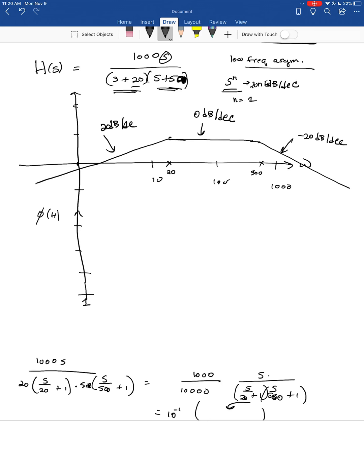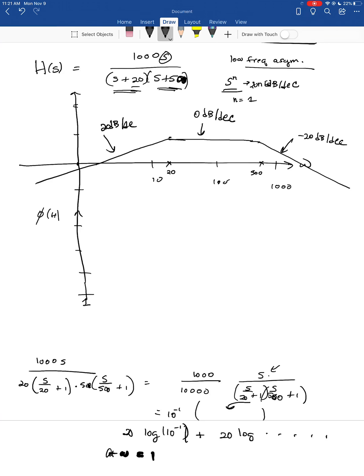If I were to substitute j omega and take the log of the absolute value, I'm going to get a sum of a gain term, 20 log of 10 to the minus 1, plus 20 log of all this other stuff.